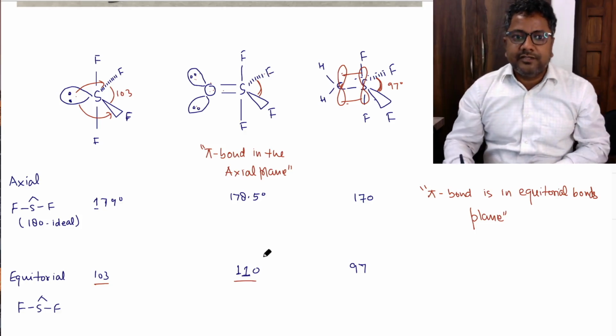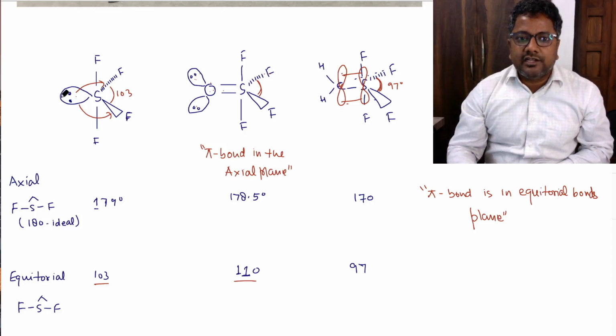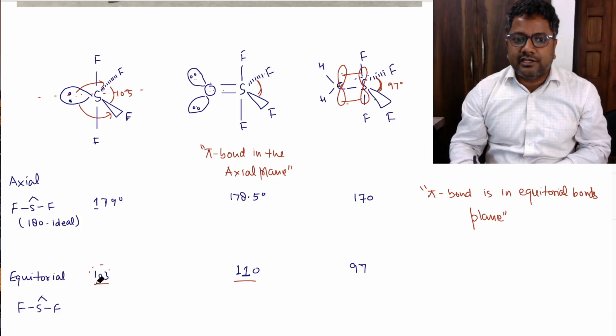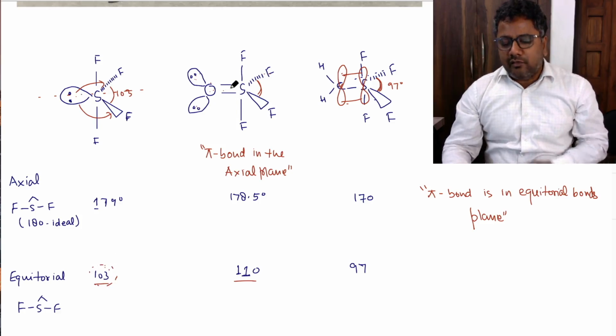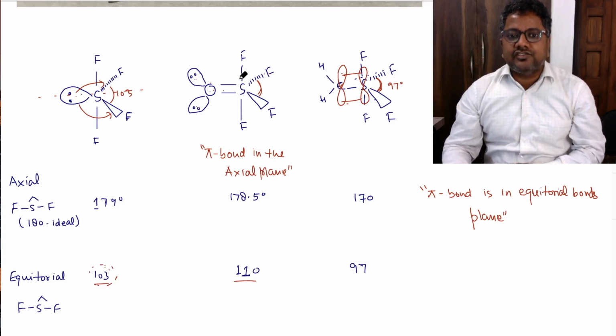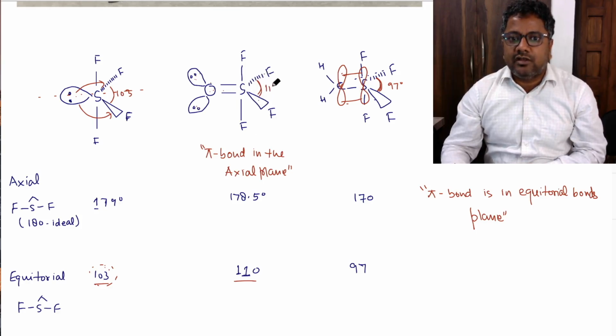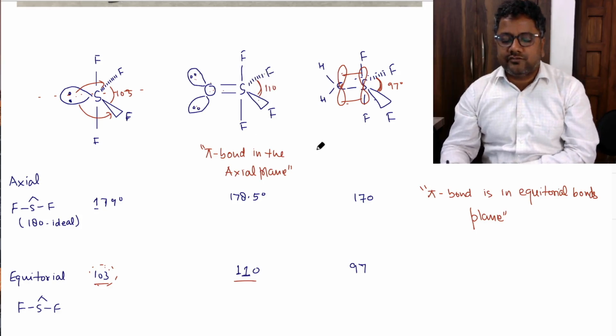Now you can justify this lone pair is cylindrically symmetrical in this plane, so it is closer, so lone pair bond pair repulsion is maximum, so this decrease in bond angle is more. Here this pi electron density is away from the equatorial plane, so there is not much decrease in the equatorial bond angle, 110 degrees.